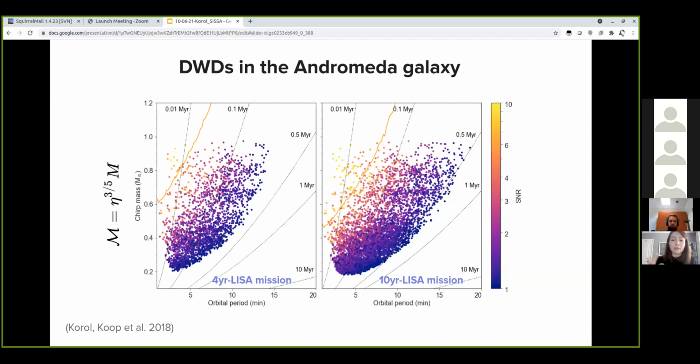And for the 10-year-long LISA simulation, we have something like a few tens of detected binaries. We also found that the binaries in the Andromeda, so the specific parameter space, has a high degree of completeness, meaning that LISA will detect almost all binaries that are actually there.